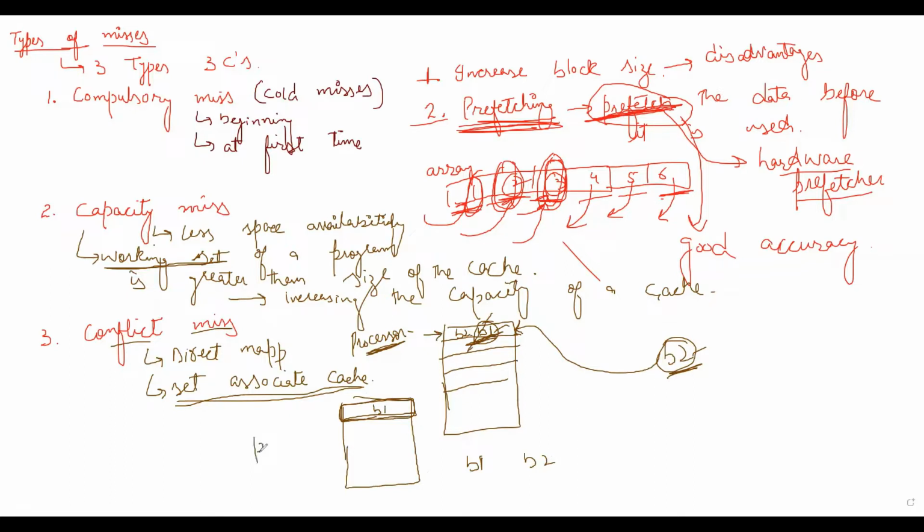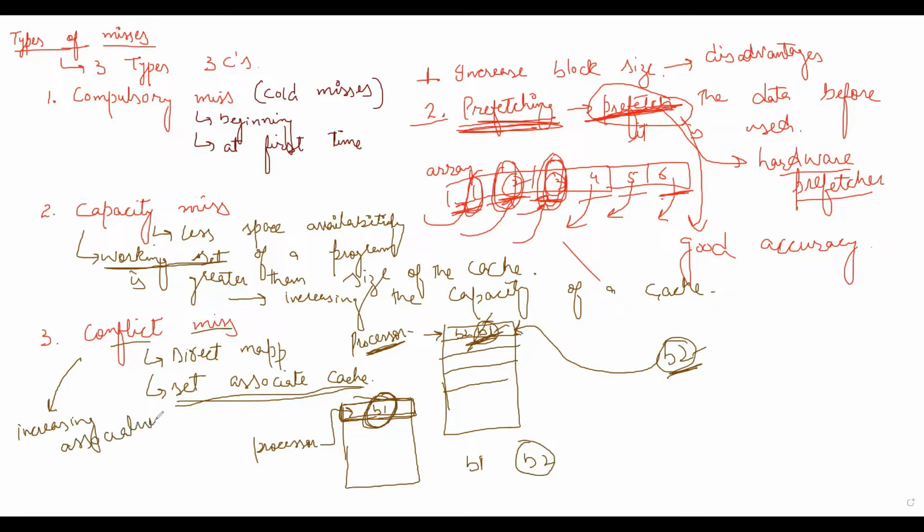Now, if my processor needs B2, it will check whether B2 is present here, but since this place is already occupied by B1, there will be a miss. This miss is because of the conflict between B1 and B2, because they were mapping to the same location. That is a conflict miss, and it can be reduced by increasing associativity.